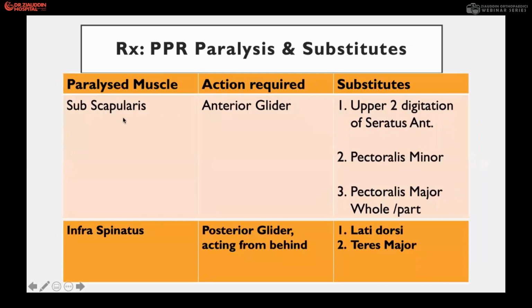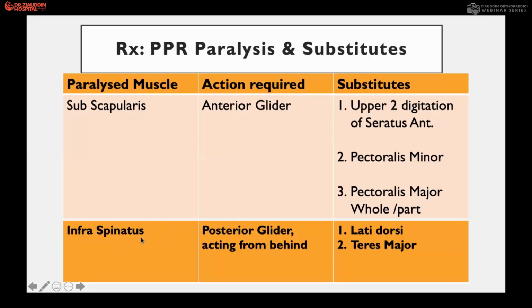Then if there is a subscapularis paralysis, it is the anterior glider or anterior rotator muscle, and the substitutes available for this paralysis are the upper 2 digitations of serratus anterior. Sometimes pectoralis minor is also used, and the whole of the pectoralis major can also be used for the subscapularis, which produces good flexion of the shoulder joint.